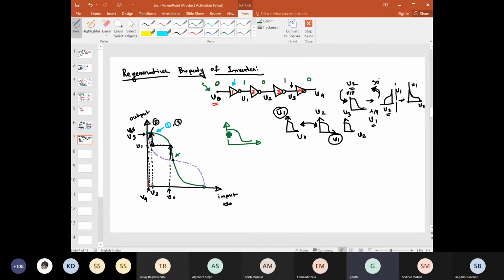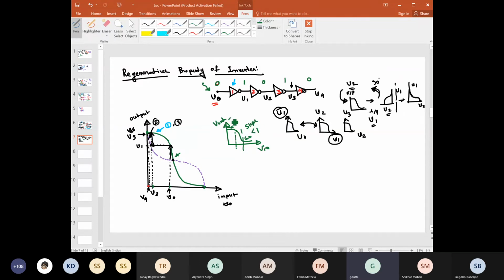Its VTC is expected to be like this, right? But if I only say its VTC is expected to be like this, it does not give the full explanation, because we have to also articulate what we are trying to say. Here we have to say it has two regions where the slope of this VTC is less than 1.